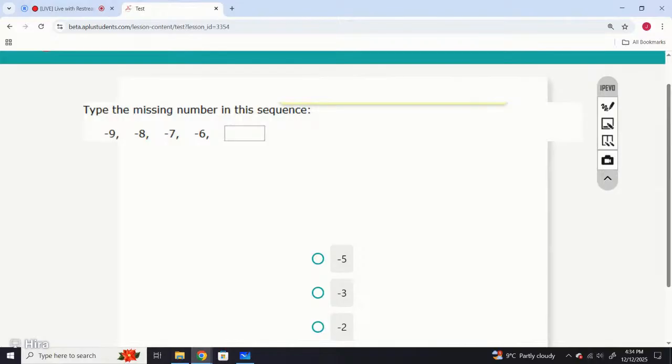Type the missing number in the sequence. Negative 9, negative 8, negative 7, negative 6. So the next one would be negative 5. Option 1 is the correct option.